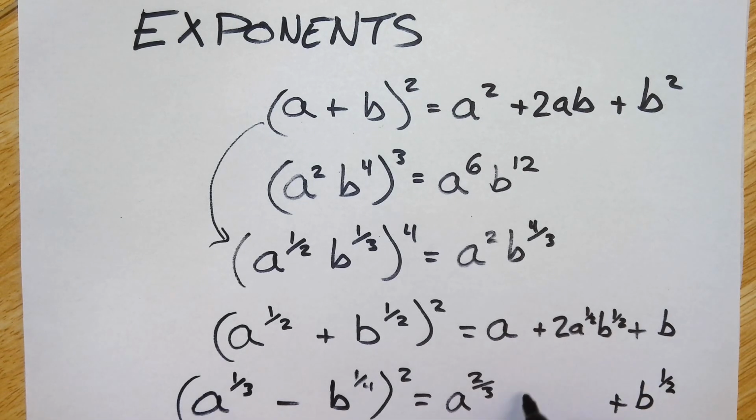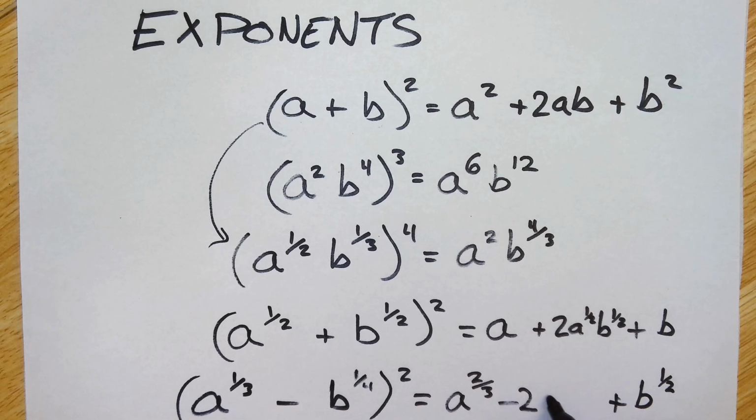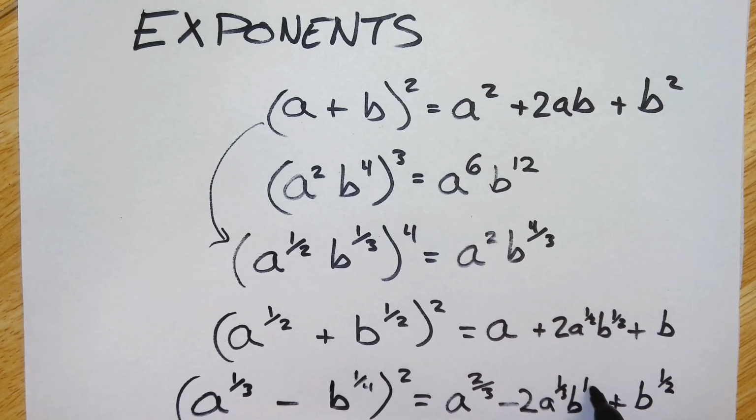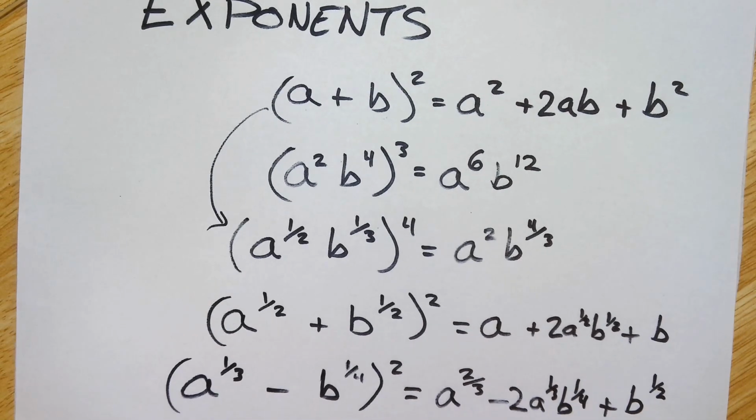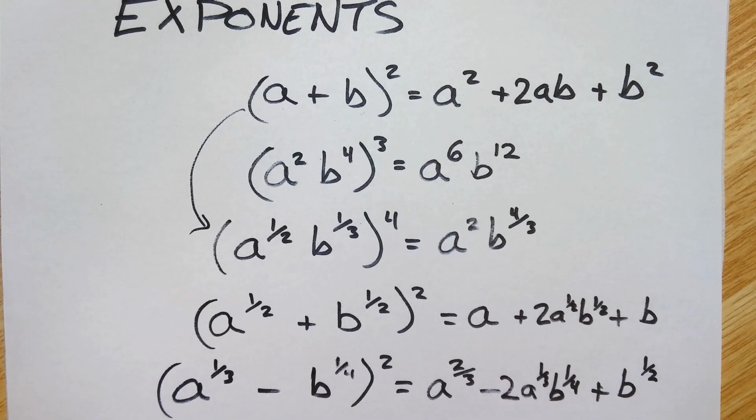And the middle term is still double, but it's doubling a negative. So I have a negative 2 times a to the 1/3, b to the 1/4. I've not really seen any videos in particular on this exact demonstration, so hopefully this is helpful.